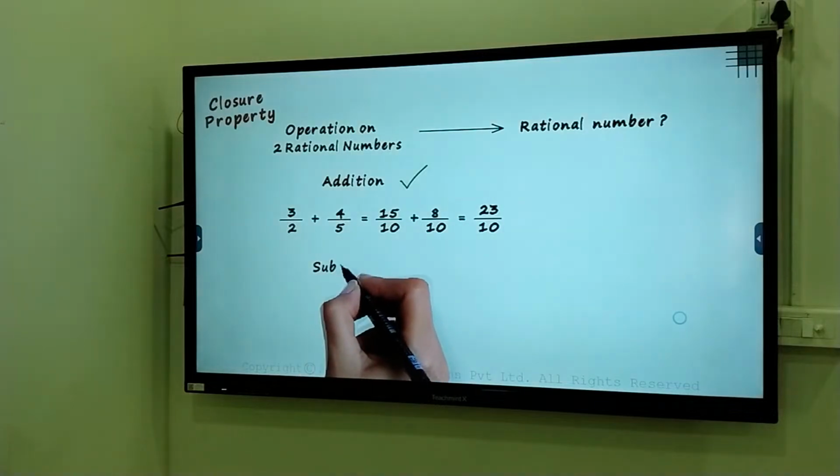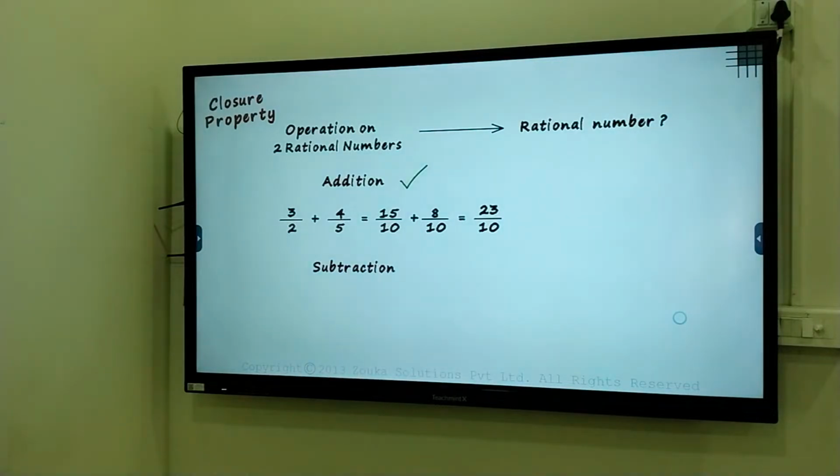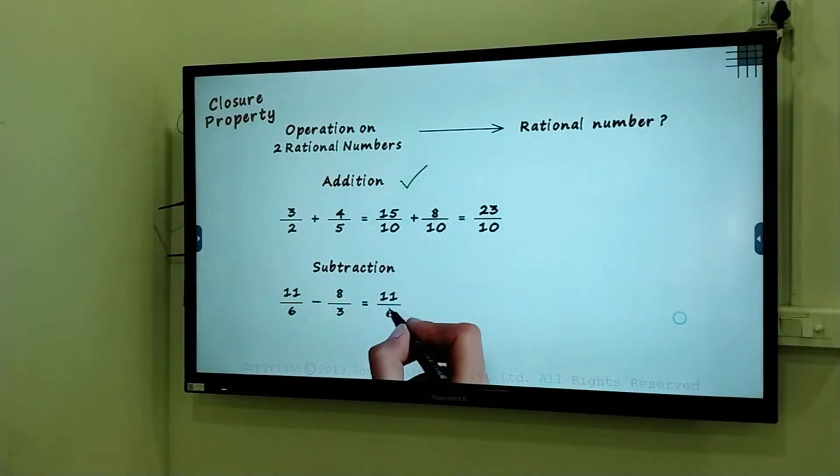The addition of two rational numbers will always result in a rational number. This tells us that the closure property is satisfied for addition. Is it satisfied for subtraction? We take two random numbers again and subtract them to see if we get a rational number. Let us try 11 by 6 minus 8 by 3. The LCM of 6 and 3 is 6. So we write it as 11 by 6 minus 16 by 6. This ratio was kept as is, and this ratio was written as 16 by 6.